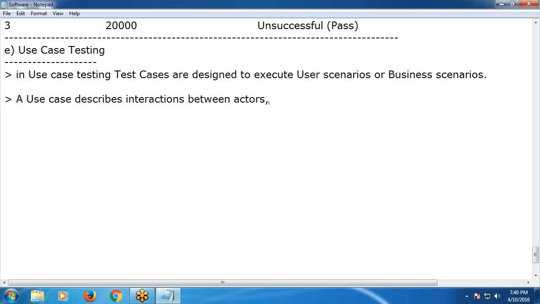Who are actors? Including users and system. User is actor, system is actor. So in this scenario, user is actor, system is actor.